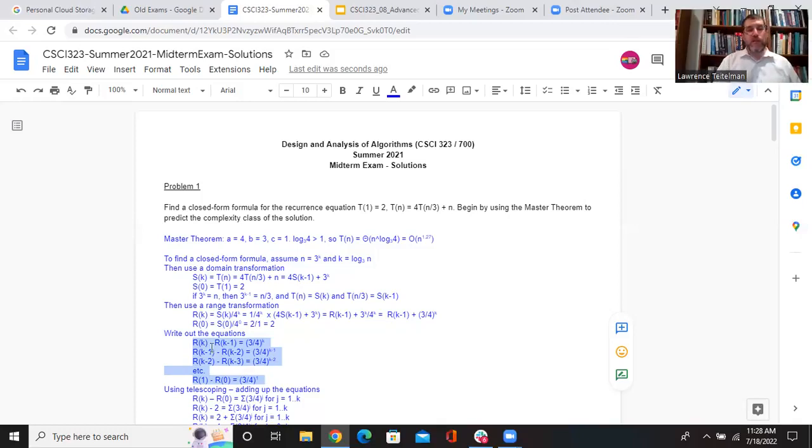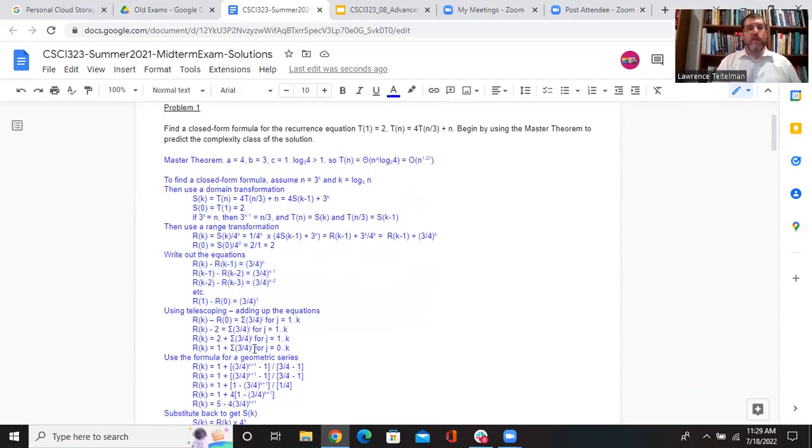So if we look at all these equations, the first equation is R of K is R of K minus 1 plus 3/4 to the K. Next, if I plug in K minus 1, I get R of K minus 1 is R of K minus 2 plus 3/4 to the K minus 1. If I write all these out and add up the left-hand sides and the right-hand sides, what do I get?